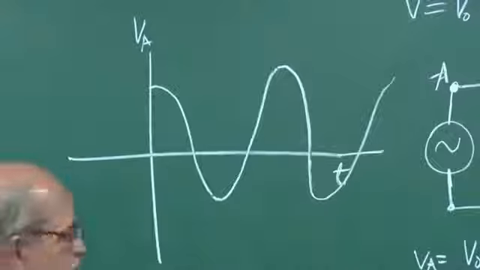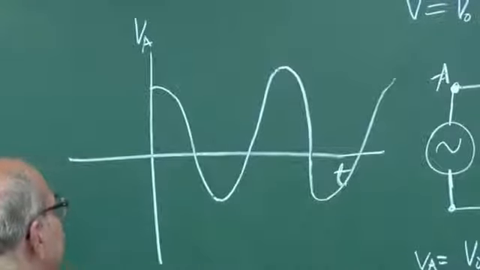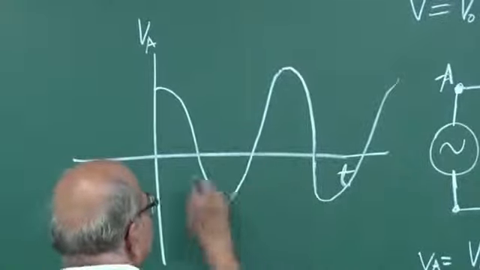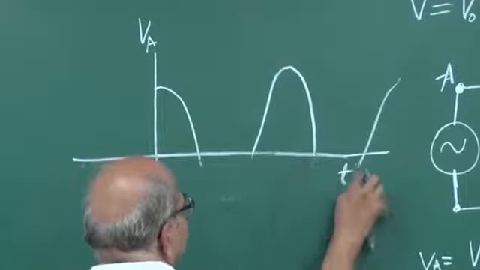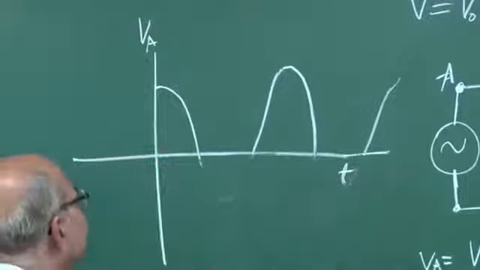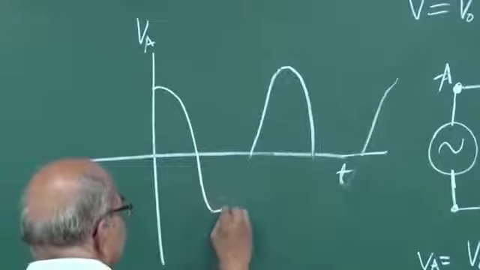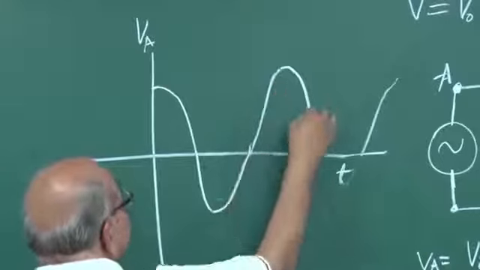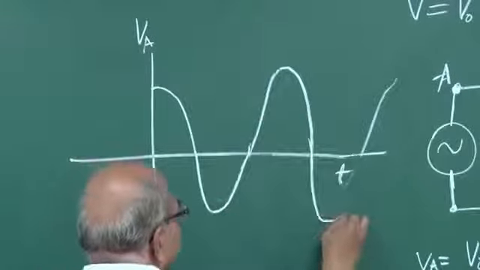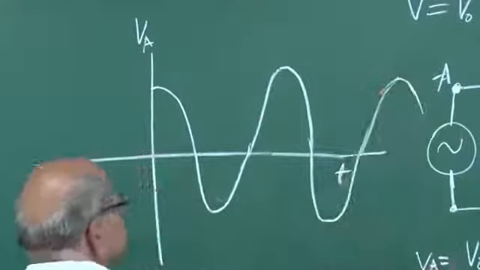Okay, it's not a good drawing, but you bear with me. Let me try to improve. This should go to the same height, so let it be up to here, then again it is up to here, and so on.